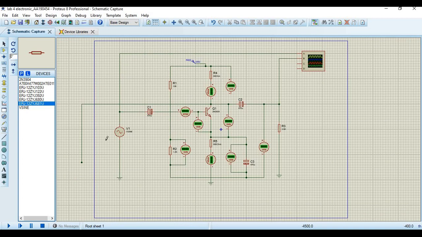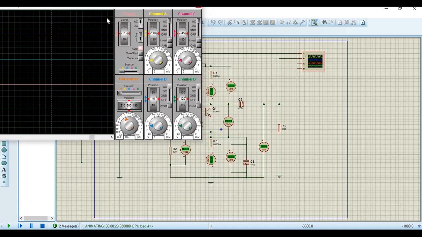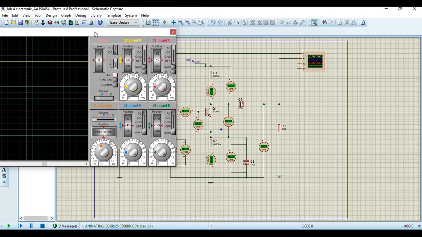Selepas kita selesai menyusun semua komponen-komponen, kita tekan run. Untuk part 1 kita tak perlukan oscilloscope. Jadi kita akan dapat kita punya nilai-nilai setelah kita run.